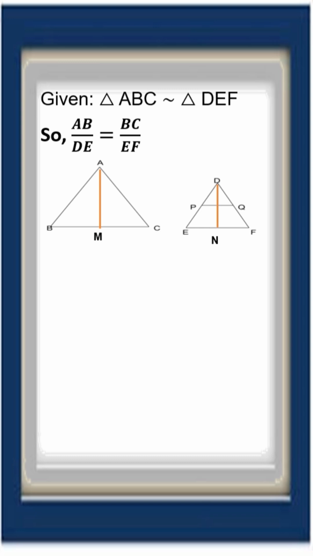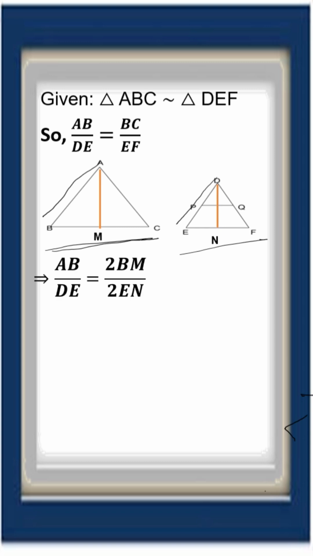In these triangles, we have to compare ABM and DEN. So AB by DE is equal to BC by EF. But what is BC? Instead of BC, we can write 2BM. Instead of EF, we can write 2EN. Here 2 and 2 get cancelled. So AB by DE is equal to BM by EN.